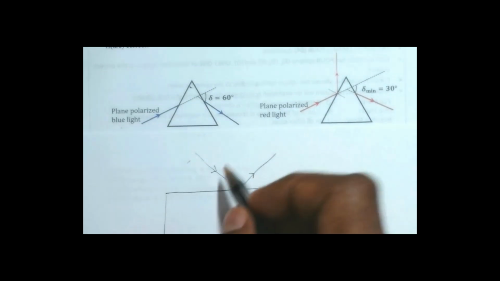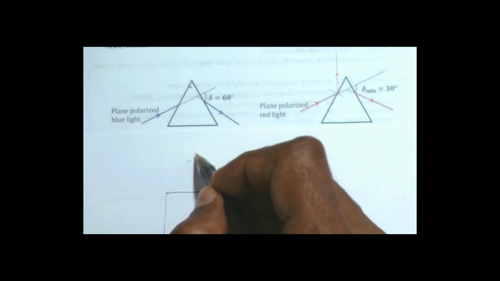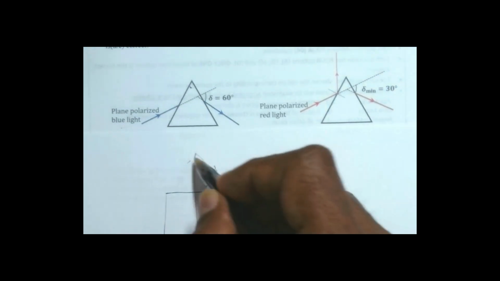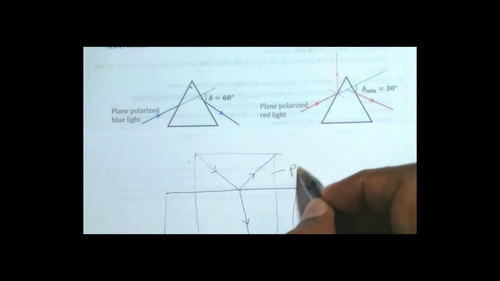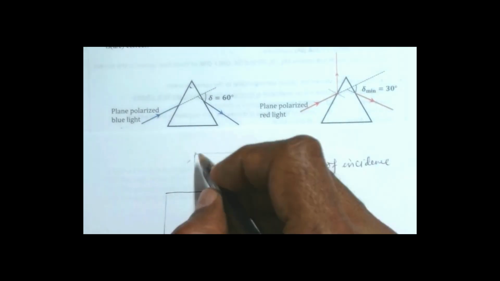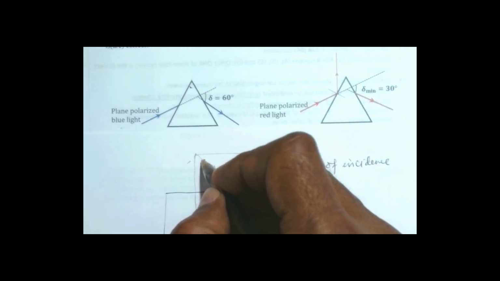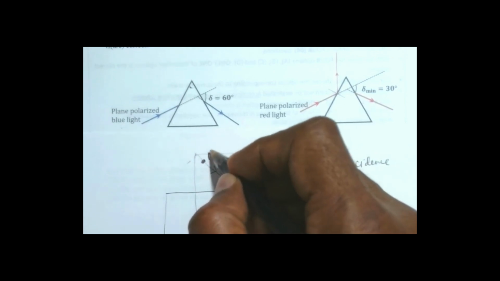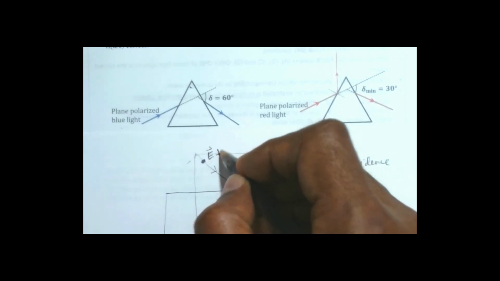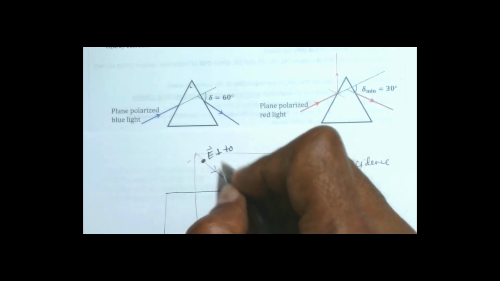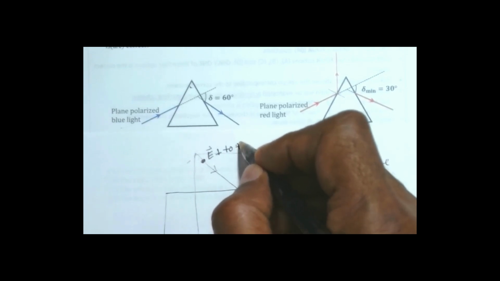When you're studying like this, then the plane that we're looking at, the plane in which these 3 rays lie, this is the plane of incidence. Then the electric field can be perpendicular to it, so if you have this kind of E field perpendicular in the electromagnetic wave corresponding to this ray, the electric field is perpendicular to this plane.